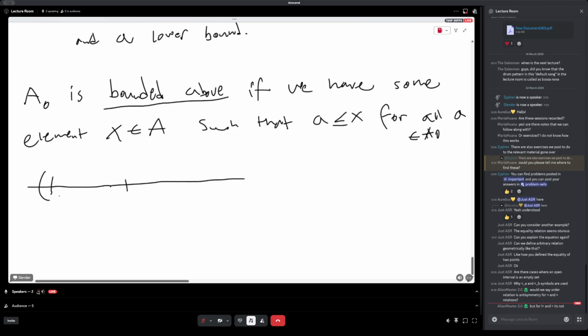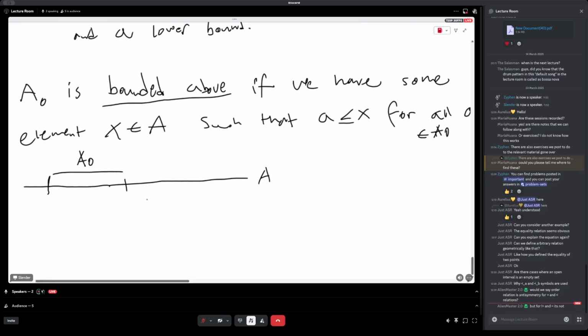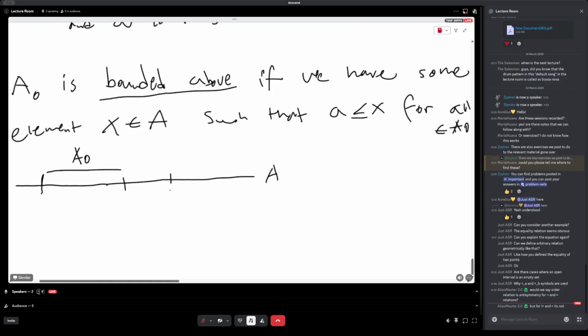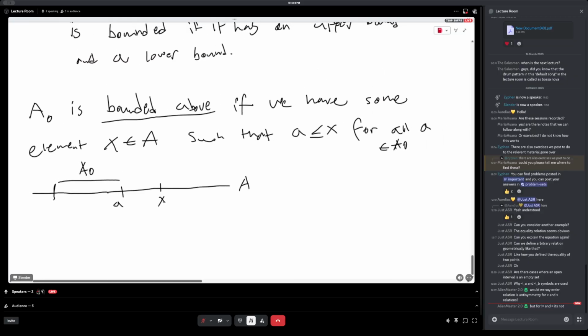Let's say this part is the subset A0, and this entire thing is the set A. If you have some x in this set A and then some a in this set A0, then x is an upper bound.